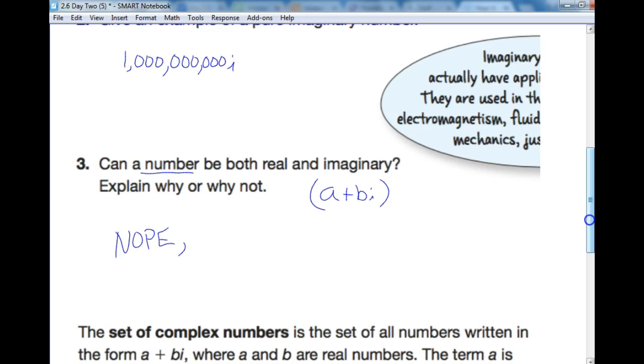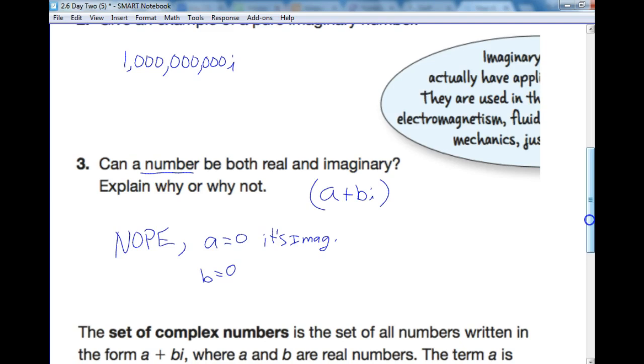Why not? If a equals 0, if my a is 0, what kind of number is this? It's imaginary, right? If a equals 0, it's imaginary. If b equals 0, what kind of number is it? It's a real number, right?